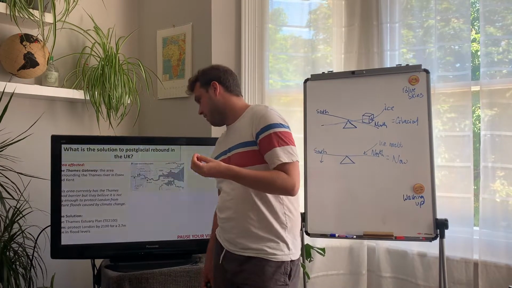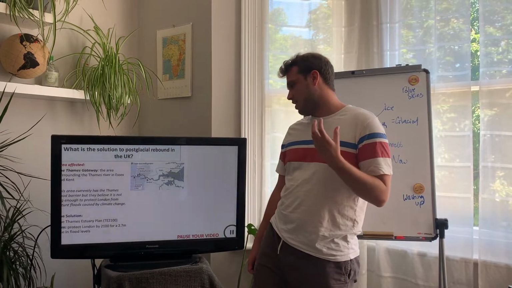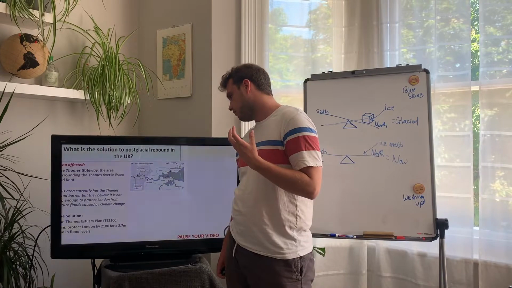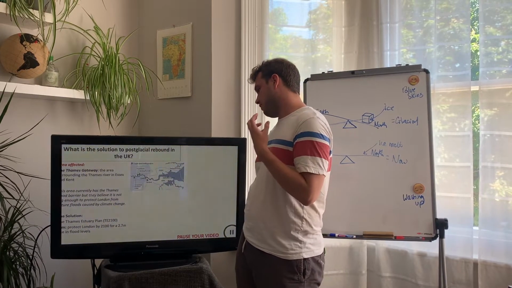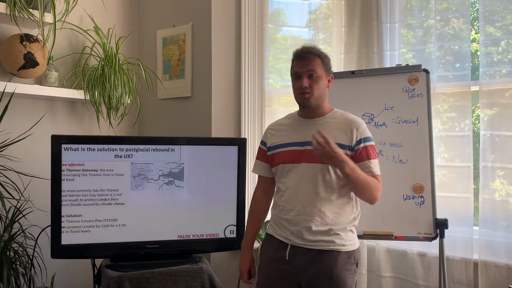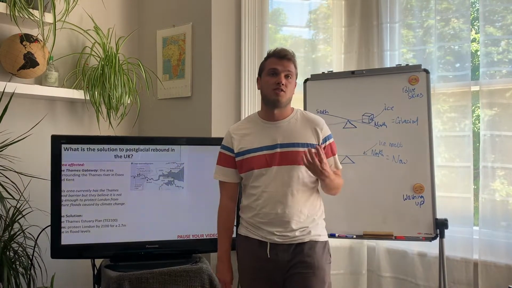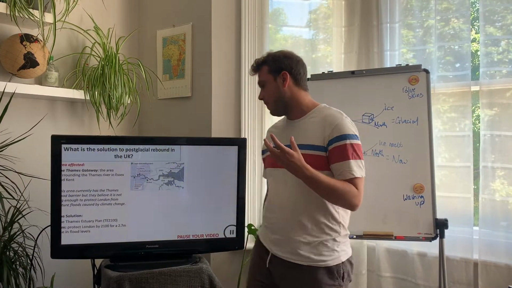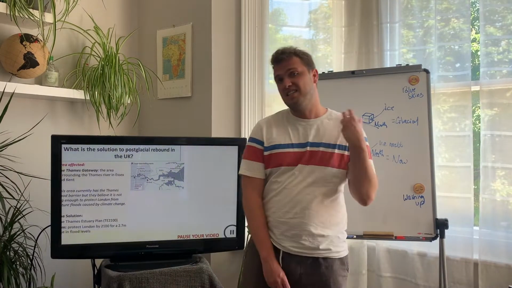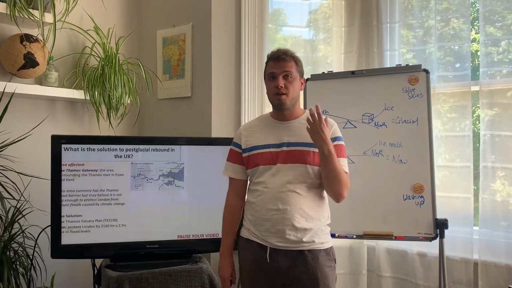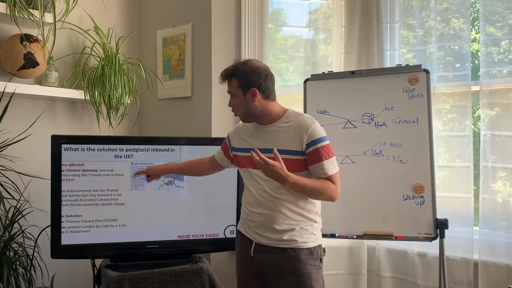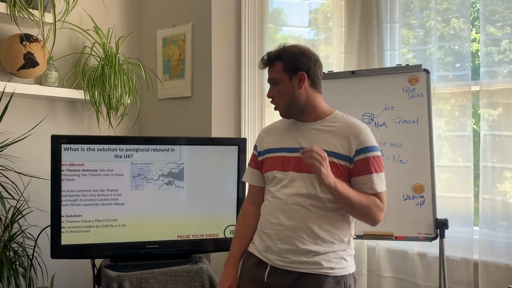Now this area currently has the Thames flood barrier, because they believe the estuary is not big enough to protect London from future floods caused by climate change. So they've had to build the Thames flood barrier. However, this is now no longer sufficient. The barrier, which protects all of this area of land from flooding, is no longer strong enough.